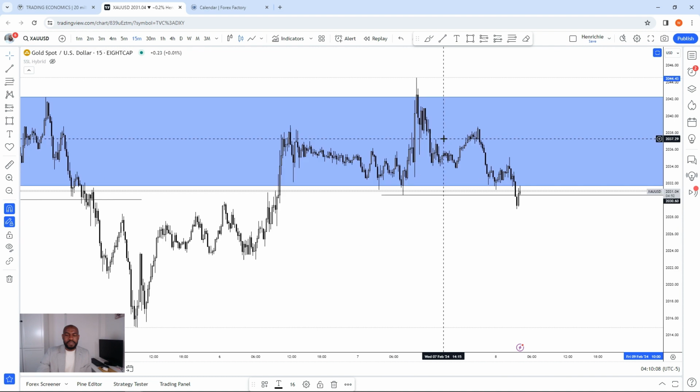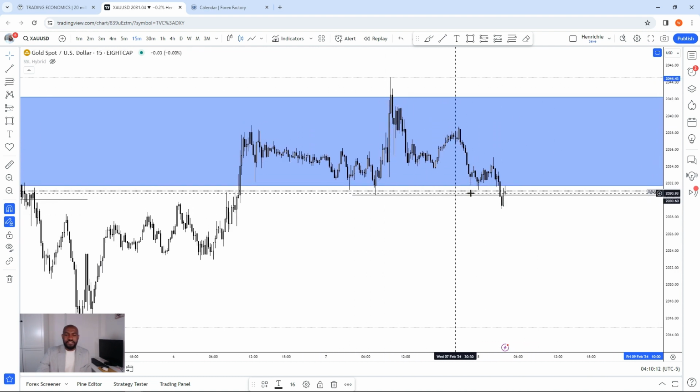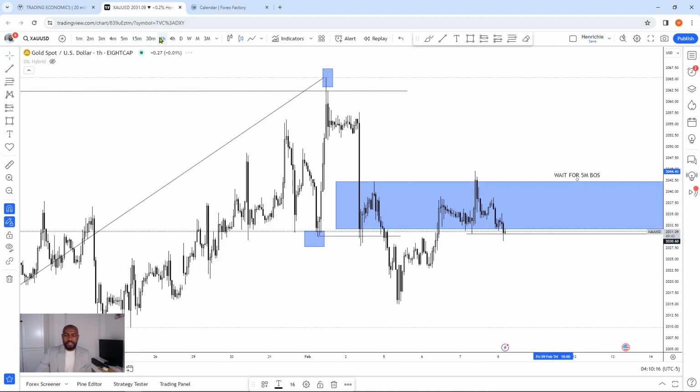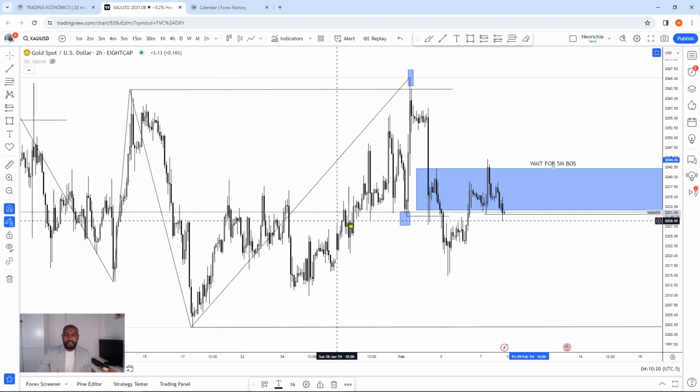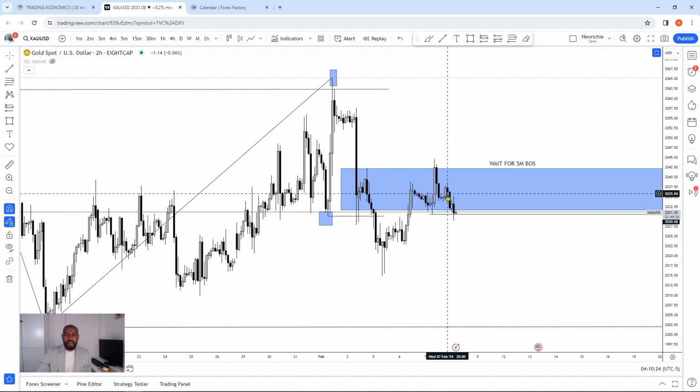So if we go to 15 minutes time frame, we can see the low, the high, and eventually got broken. So the next thing we do now is, this was the last impulsive move to the upside before it dropped down to break the structure.